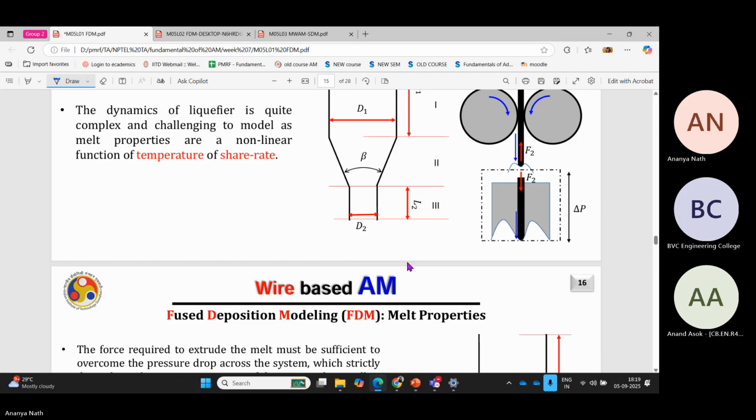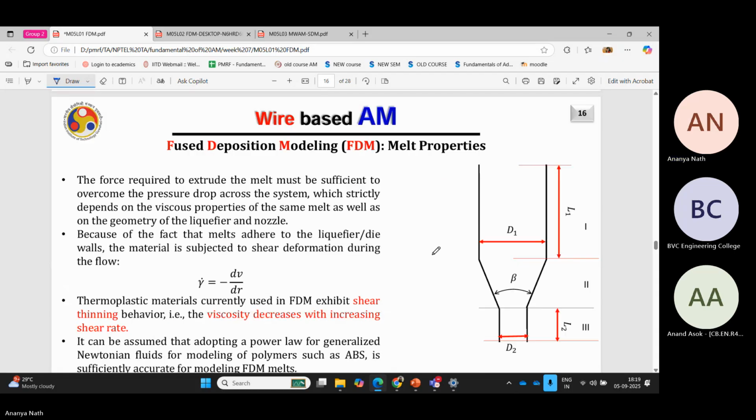All the things are happening together. So all these equations are interlinked with each other, and these all also depend upon the property of the wire.